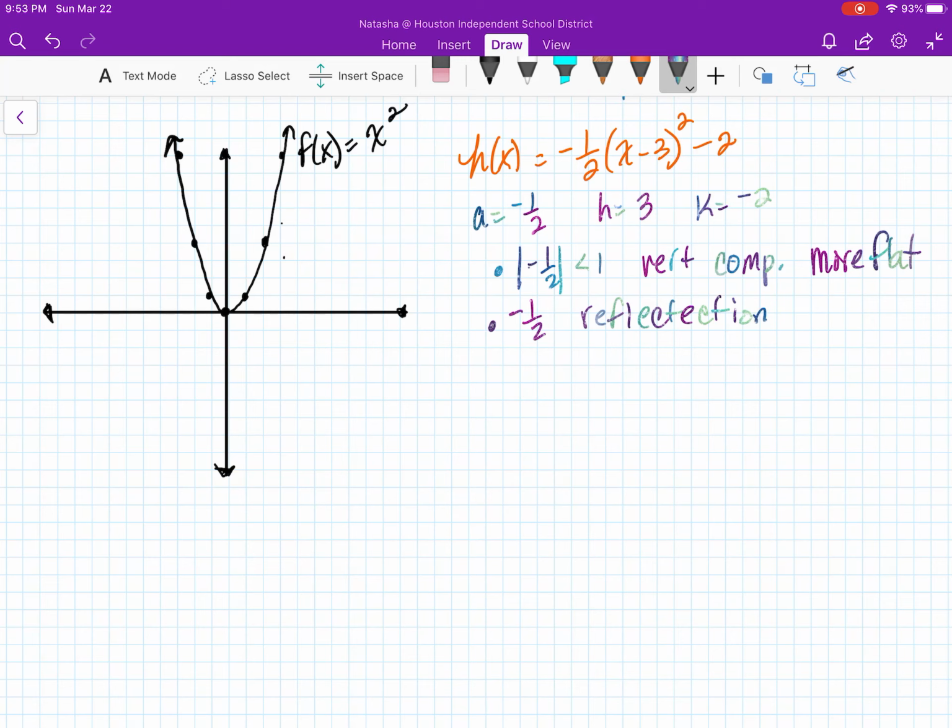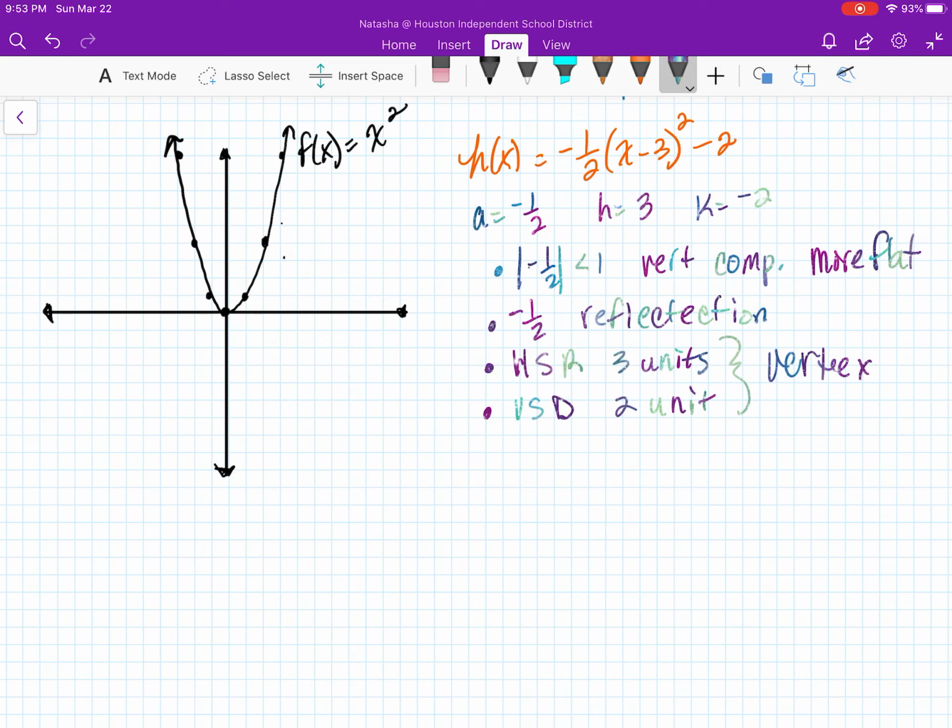We also have a horizontal shift to the right 3 units, and then a vertical shift down 2 units. This is all related to where our vertex is going to be.